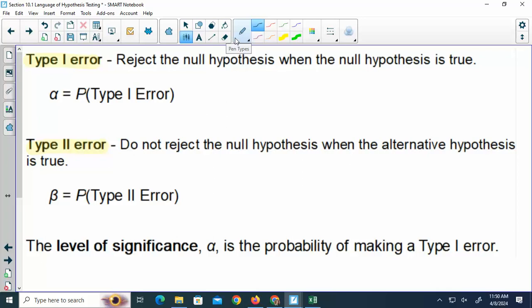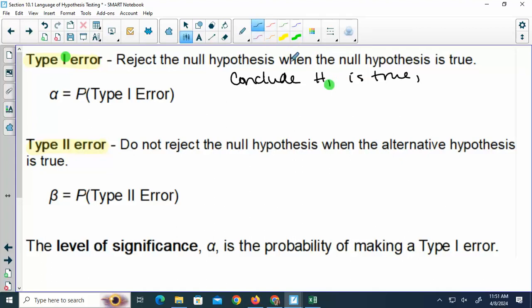So type 1 error is rejecting the null when it's actually true. So what I always think of type 1, you conclude your H sub 1.